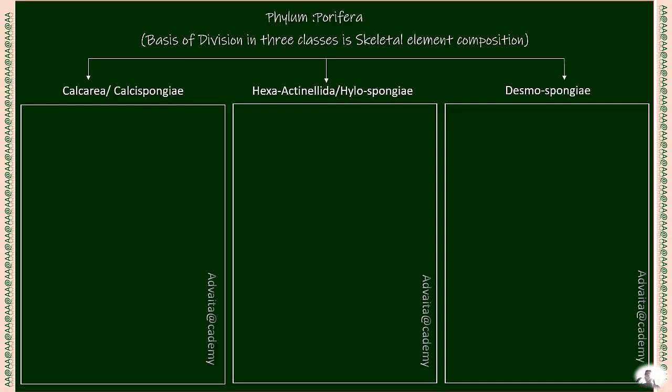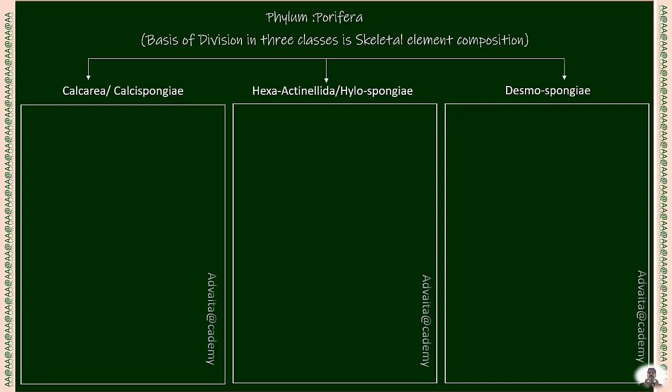Now come to the third class, called Desmospongia. Desmospongia is actually composed of either siliceous spicules or spongine fiber or both. But how to differentiate between Hexaactinellida and Desmospongia? How can we differentiate? Because both have siliceous spicules.